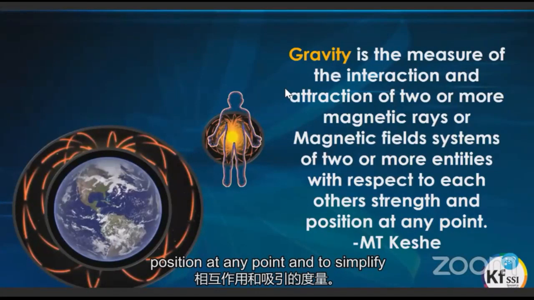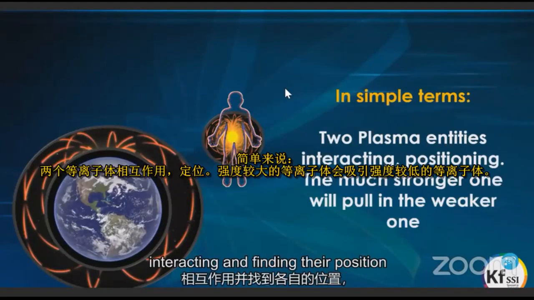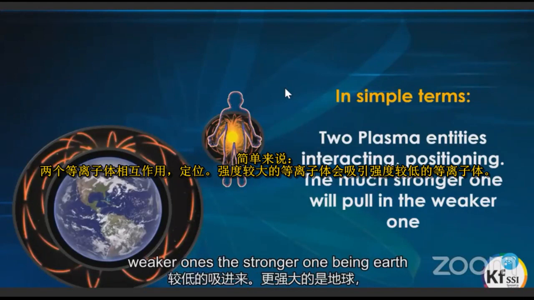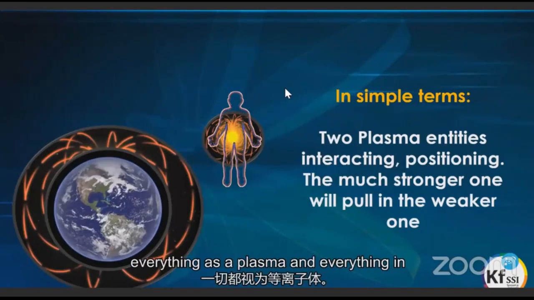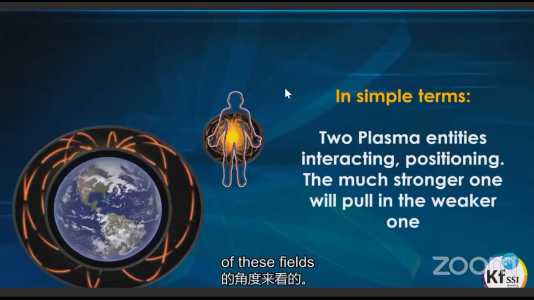And to simplify that, it's essentially two plasma entities interacting and finding their position, and the much stronger one will pull in the weaker one, the stronger one being Earth and then ourselves. Because we've got to view everything as a plasma and everything in the view of positioning and interaction of these fields.